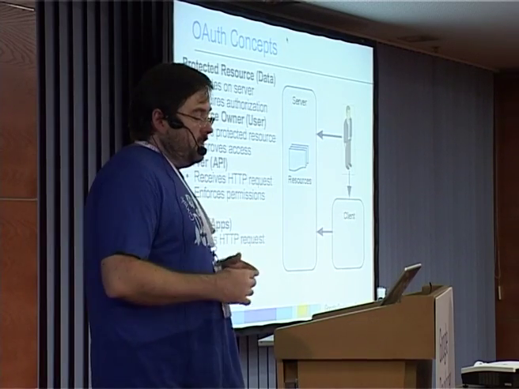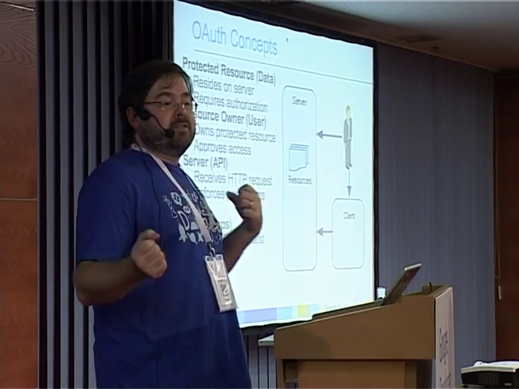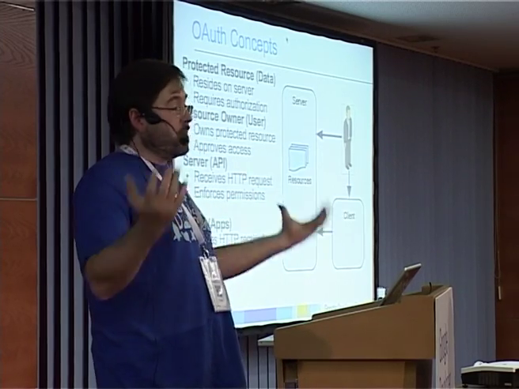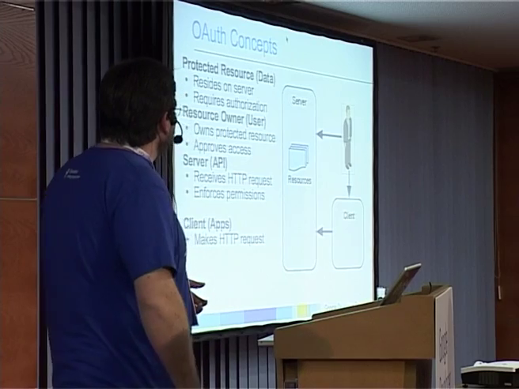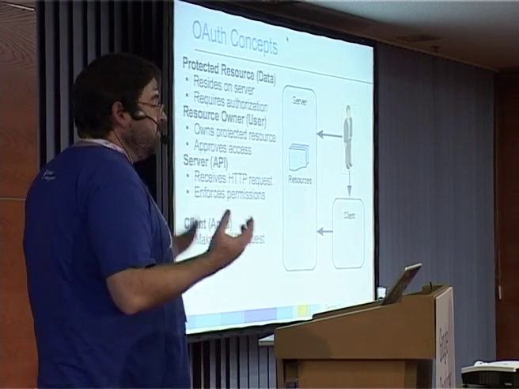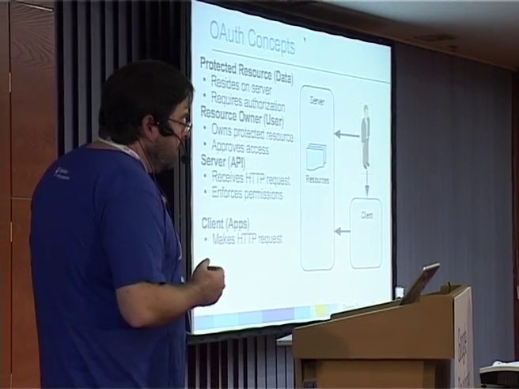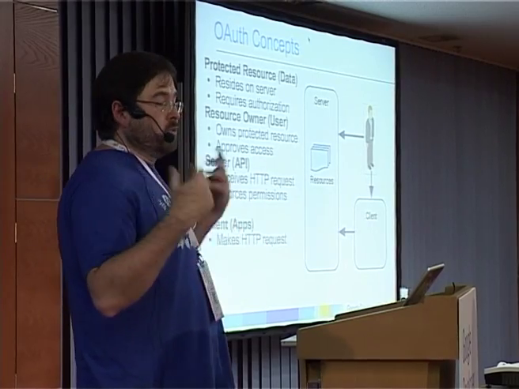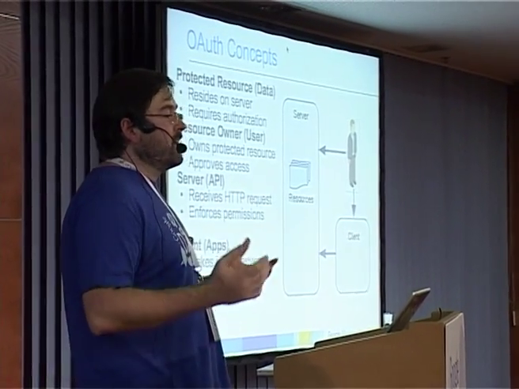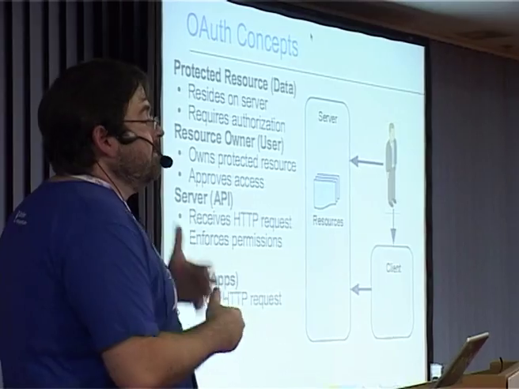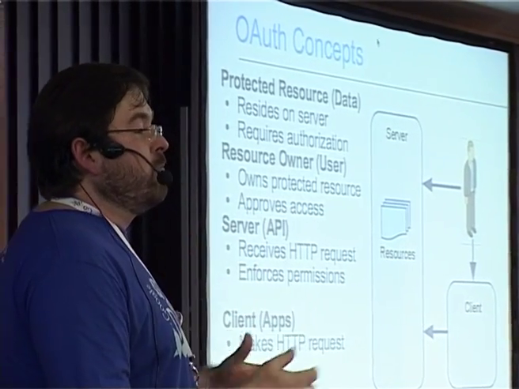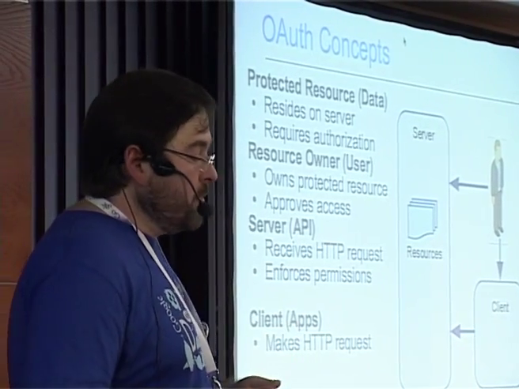The resource owner is the person who is authorized to share that information with a third party and make that decision. It's often the user, but not always the case. The server is just the server that serves the API and enforces the access control. And the client is the third-party application that wants access to that information.